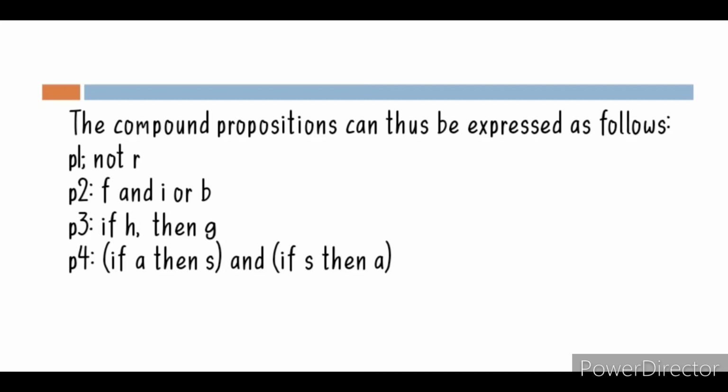For proposition P sub 3, if you study hard, then you get good grades. For P sub 4, if you are more than 60 years old, then you are entitled to a senior citizen's card. As well, if you are entitled to a senior citizen's card, then you are more than 60 years old.